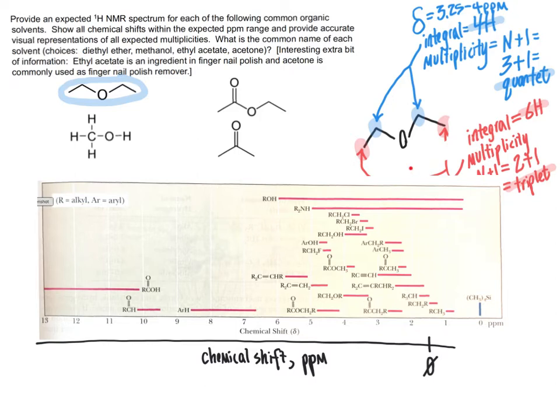So our methyl groups, on the other hand, are out at the end here. They're directly bonded to a CH2 group. So looking at the chart here, we don't see anything that corresponds to an oxygen bonded to a CH2, bonded to a CH3. The closest thing we have here in our chart is over here close to 1 ppm. We have R bonded to a CH3 group. R is defined as an alkyl group. That's not an exact match because we go down the chain a little bit further. We have an oxygen. We know oxygen is electron withdrawing.